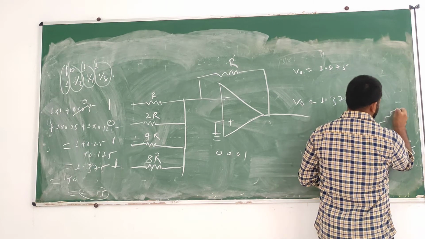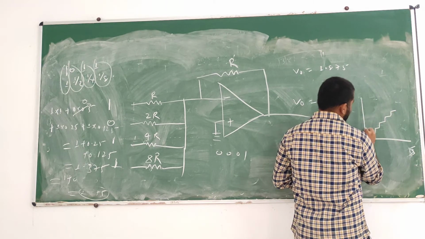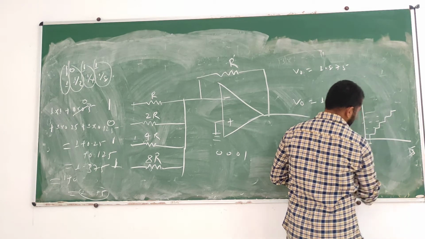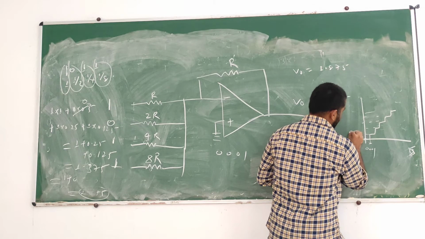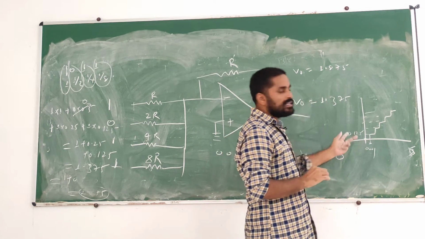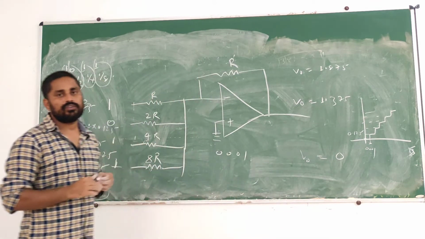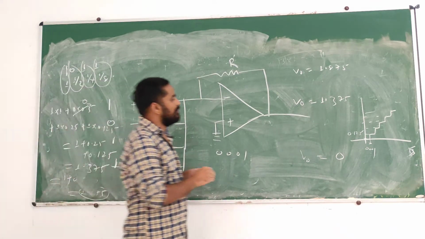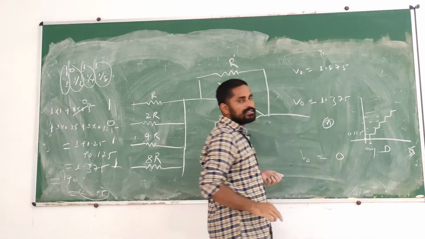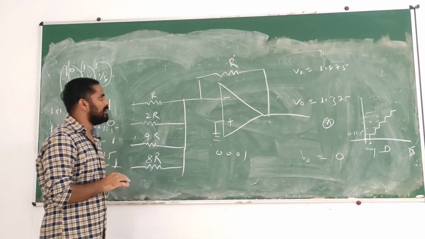This is your combination, and you will get the corresponding output. If you reverse the axis, then you get the analog part and the digital part very easily.